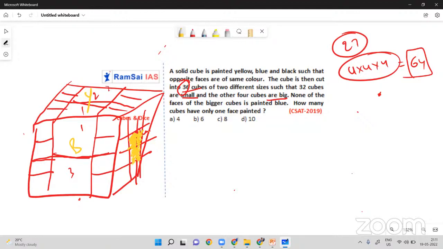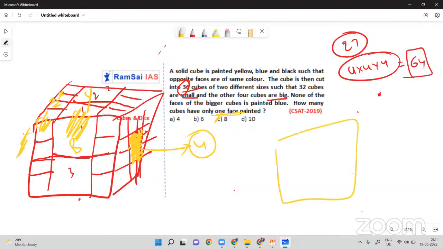These four are only possible. And opposite blue, there will be four more. So 4 plus 4, here 4, opposite 4. 4 plus 4, 8. Remaining all are either two face or three face. Only one face painted are this side blue 4 middle cubes and opposite side 4 middle cubes.